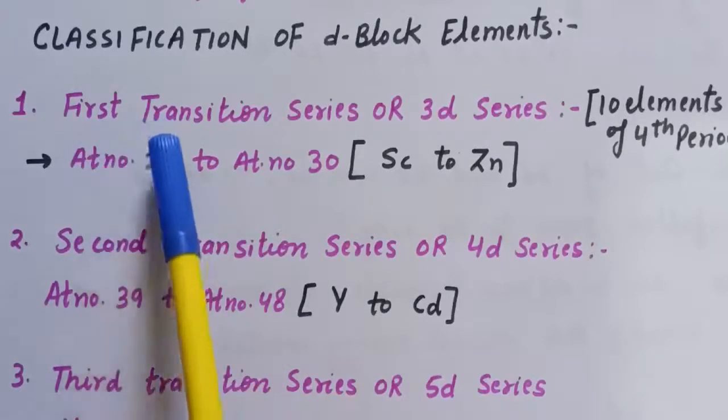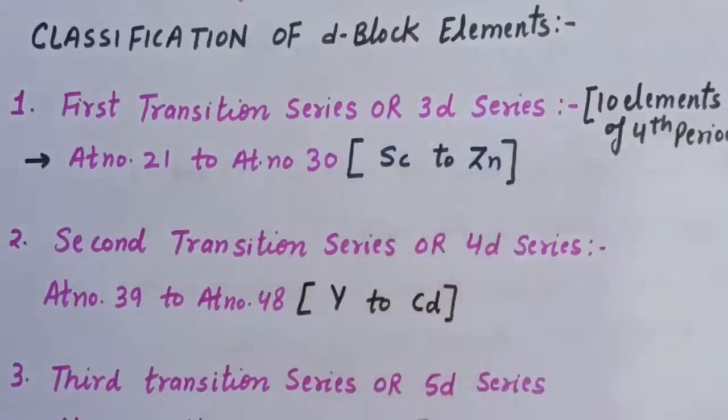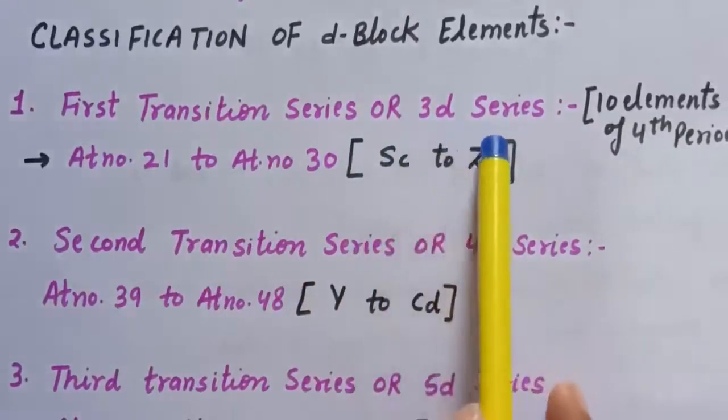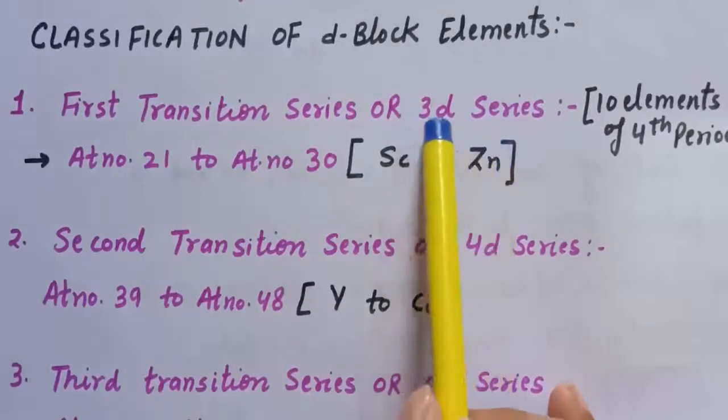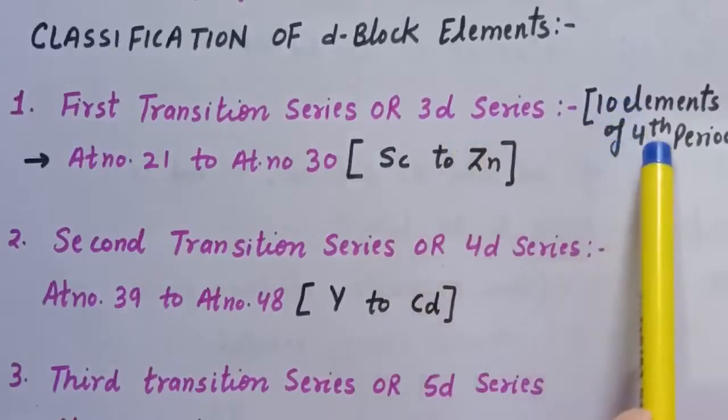First is first transition series, which is also known as 3D series. This 3D series, corresponding to filling of 3D sublevel, consists of the following 10 elements of 4th period.